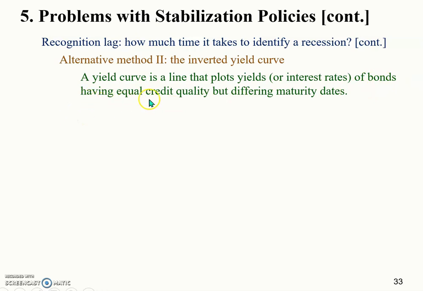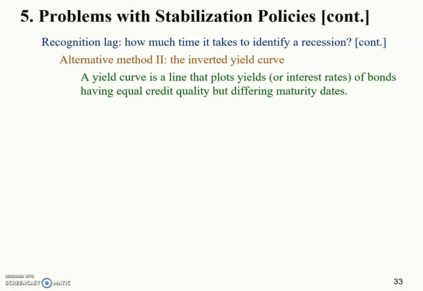Bonds having equal credit quality simply means that when we look at the other characteristics or features of the bonds, they look almost the same, except for the maturity dates. Maturity date means when this bond ends, or when this financial transaction ends.